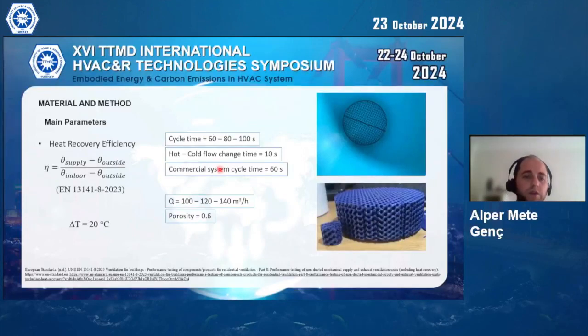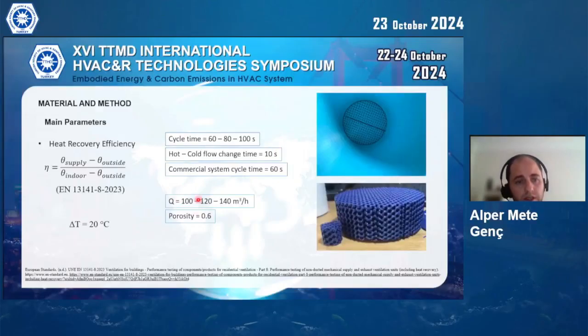So we want to see different kinds of situations. We prefer these cycle time values, and we had to change the hot and cold flow change time, and we assume that to be 10 seconds.